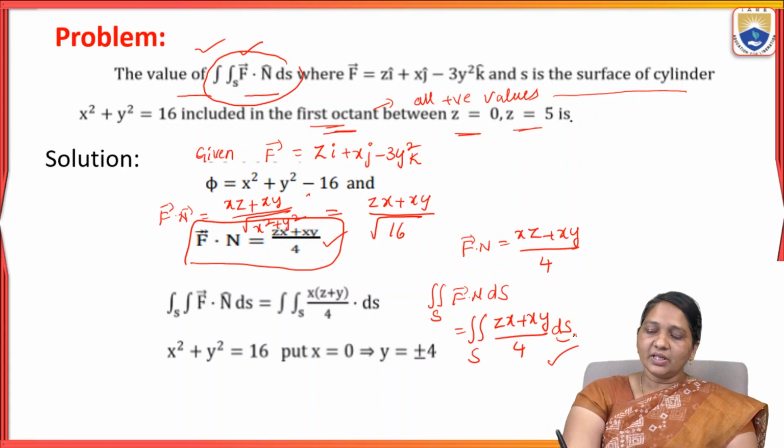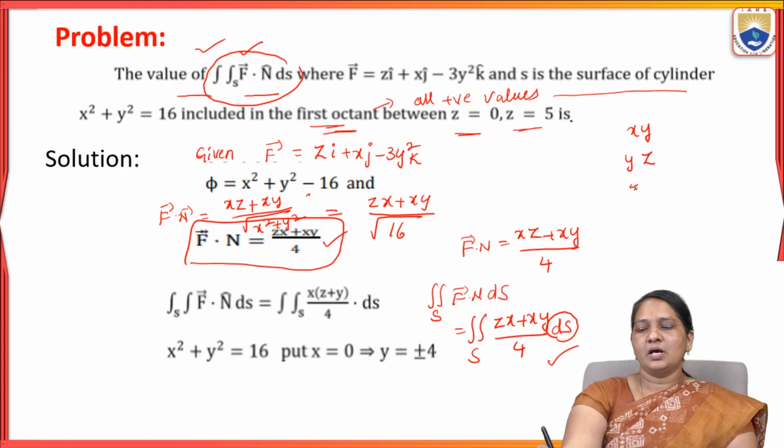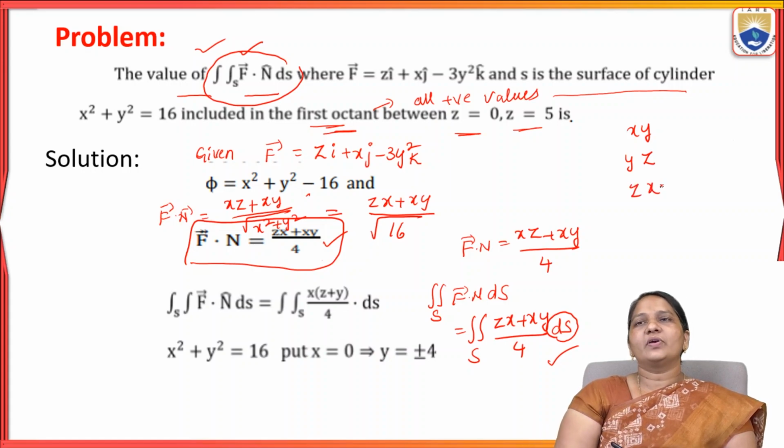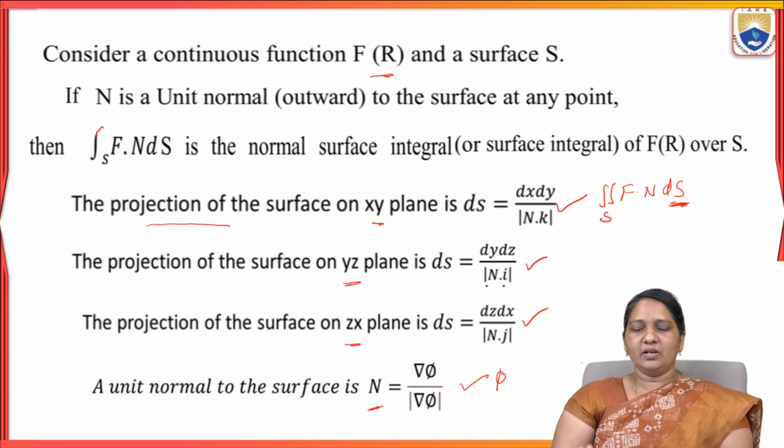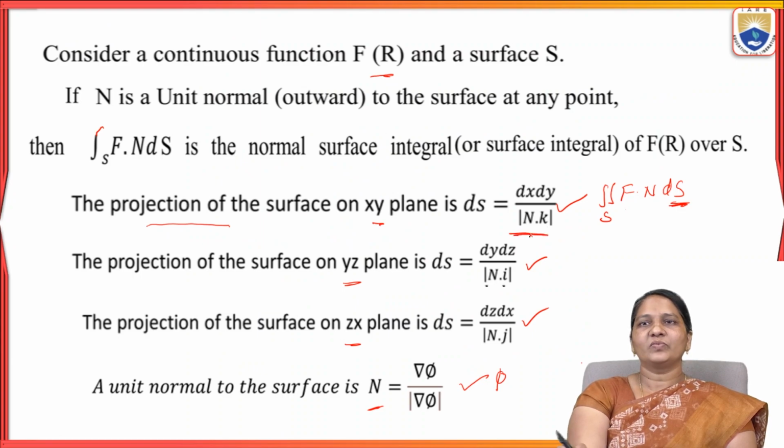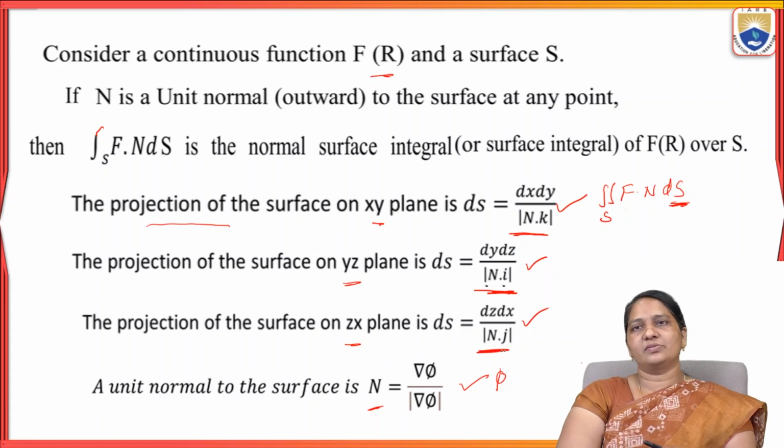Now for the ds, which plane are we going to use? We have three planes: xy, yz and zx. If we have the projection on the xy plane, we use this formula. If the projection is on the yz plane, we use this formula. If it is on zx, we use this formula.